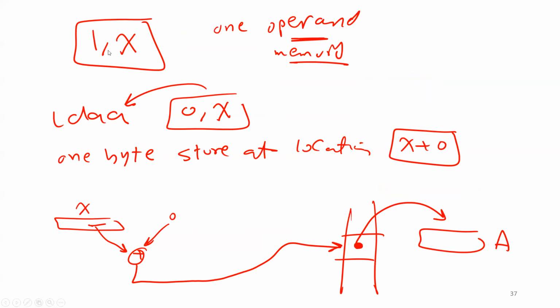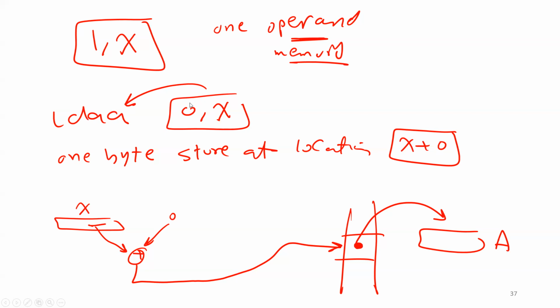When I say 1, comma X, that means this is one operand, and this operand is a memory. I'm going to read from memory or write to memory. For example, when I say something like load register A 0, comma X, what does it mean? It means I want to read a byte.